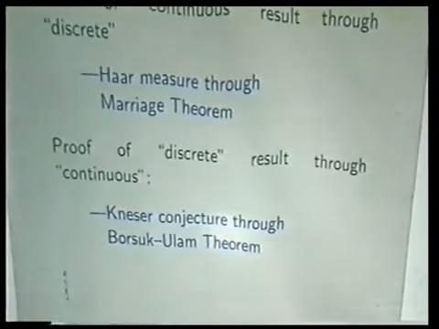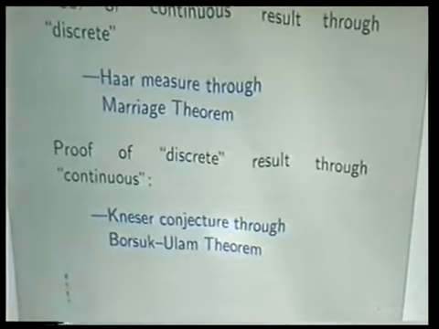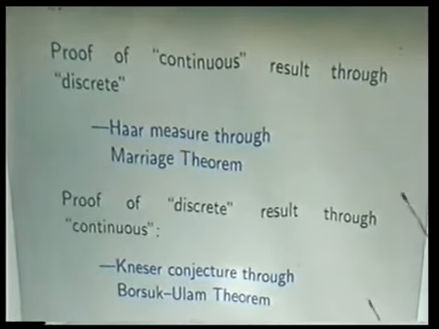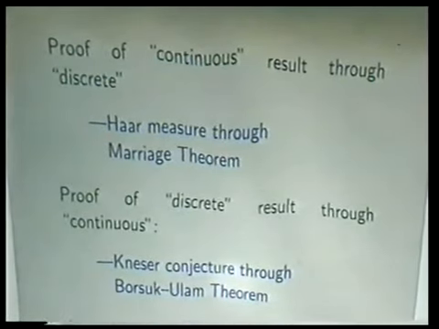But let me go to some next level where results from one side are essentially used to obtain results on the other side. I thought of giving you two examples, and I will actually only describe the first one.